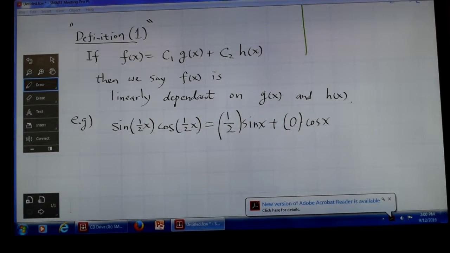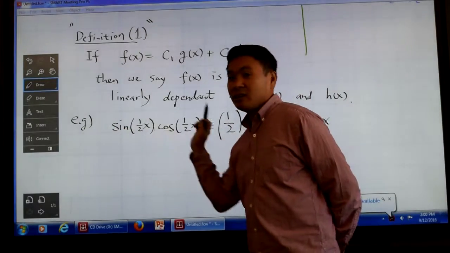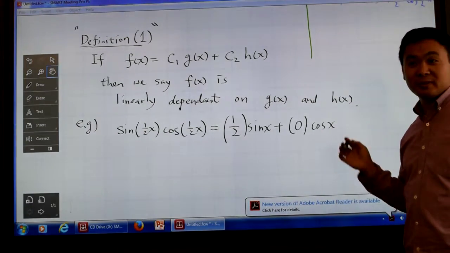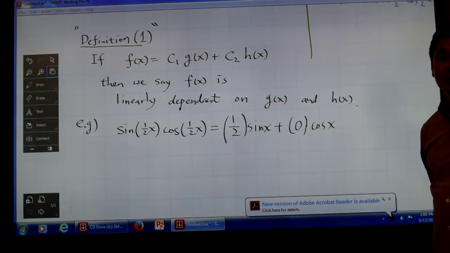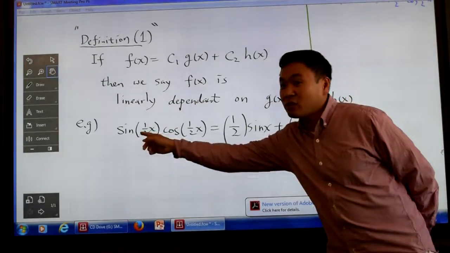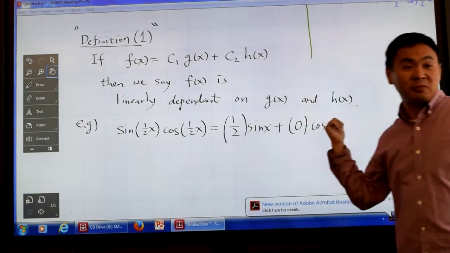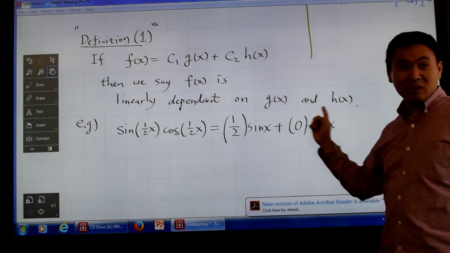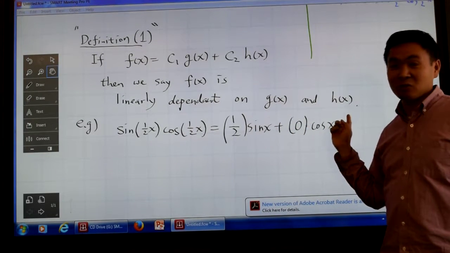Then we say this function on the left is linearly dependent on the other two. In other words, something that we thought was totally different from the previous one is actually representable as a linear combination of the other two.